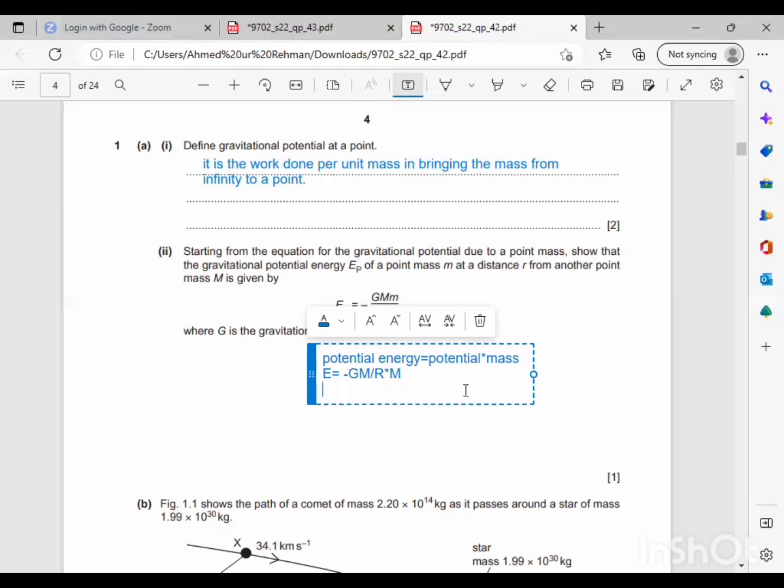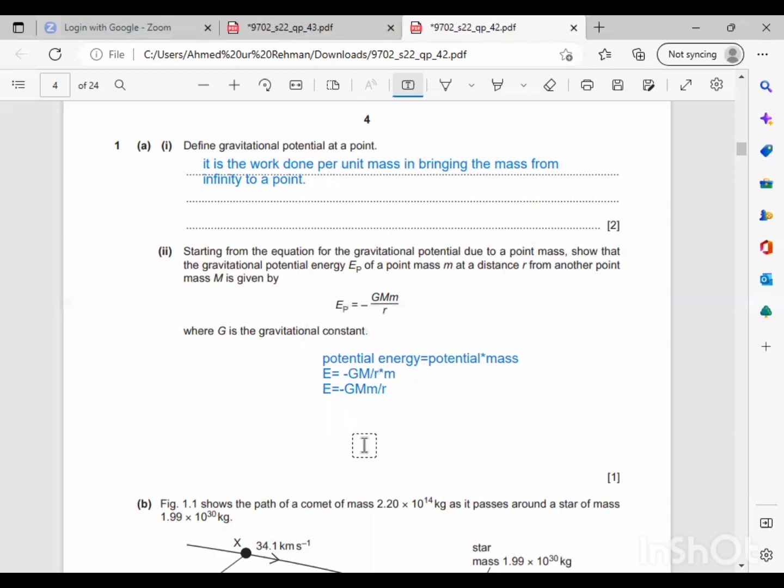So when I do this, I get E equal to minus GMm upon r. That's how we get the equation. This is your equation for potential energy.